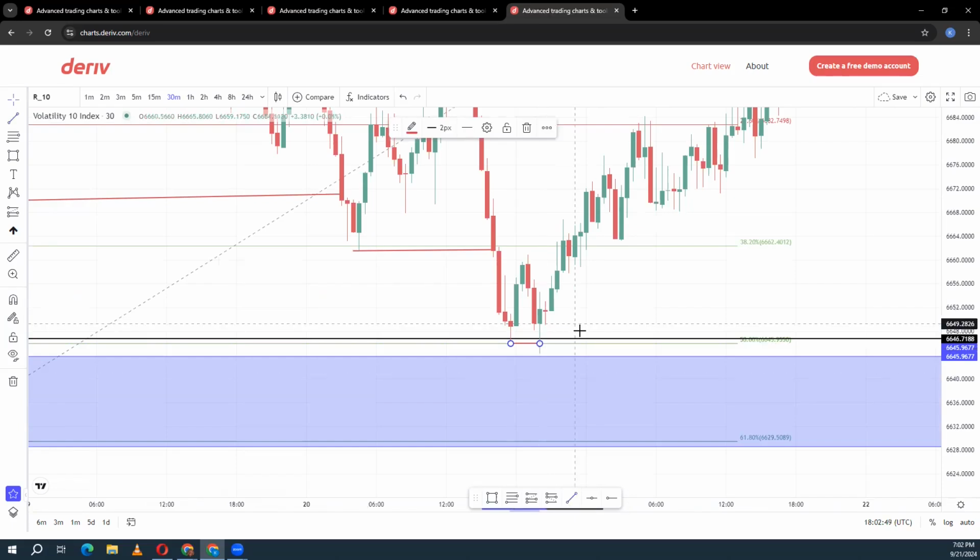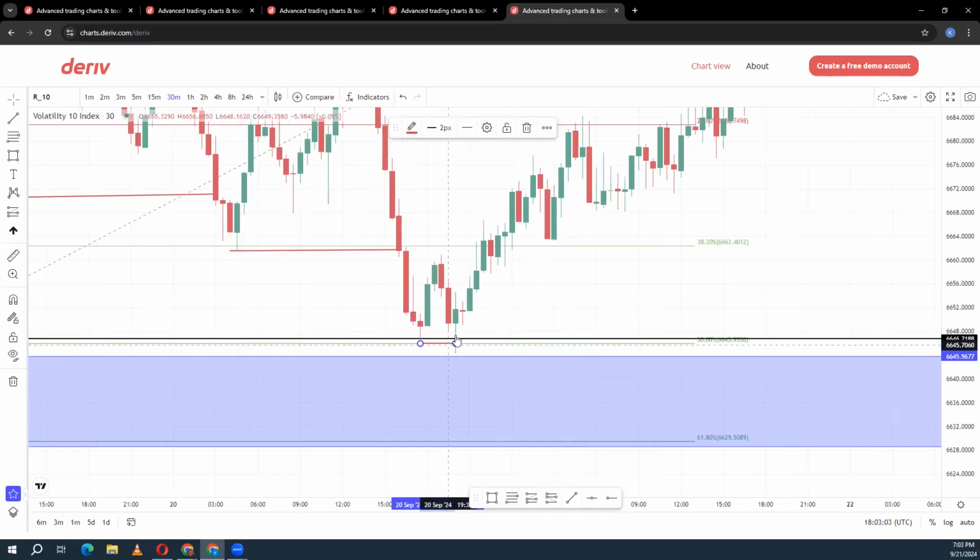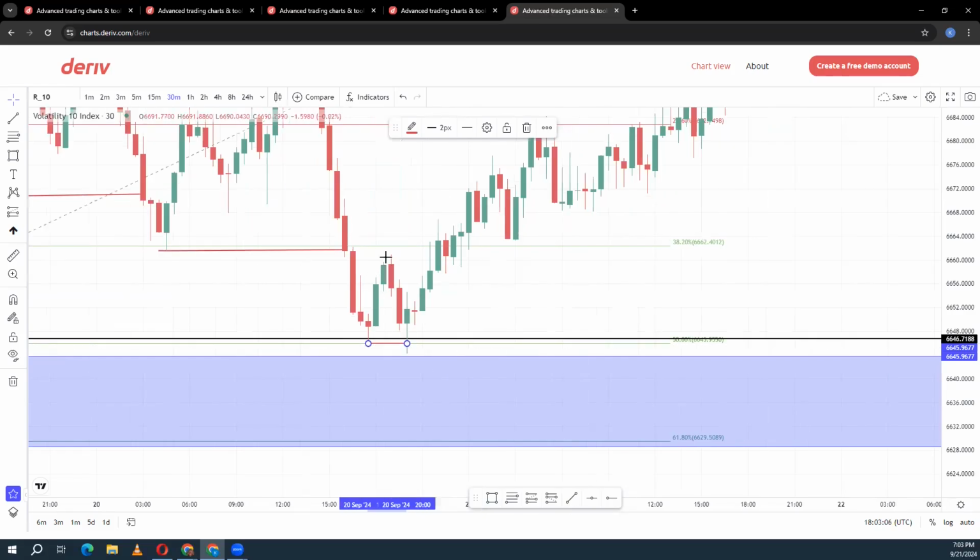What you are expecting in your discount area, after the market has gone below your 50%, you want to see something like this weak low taken out. Then after that happens, you want to see a break of that high that gave that low that took out this low.